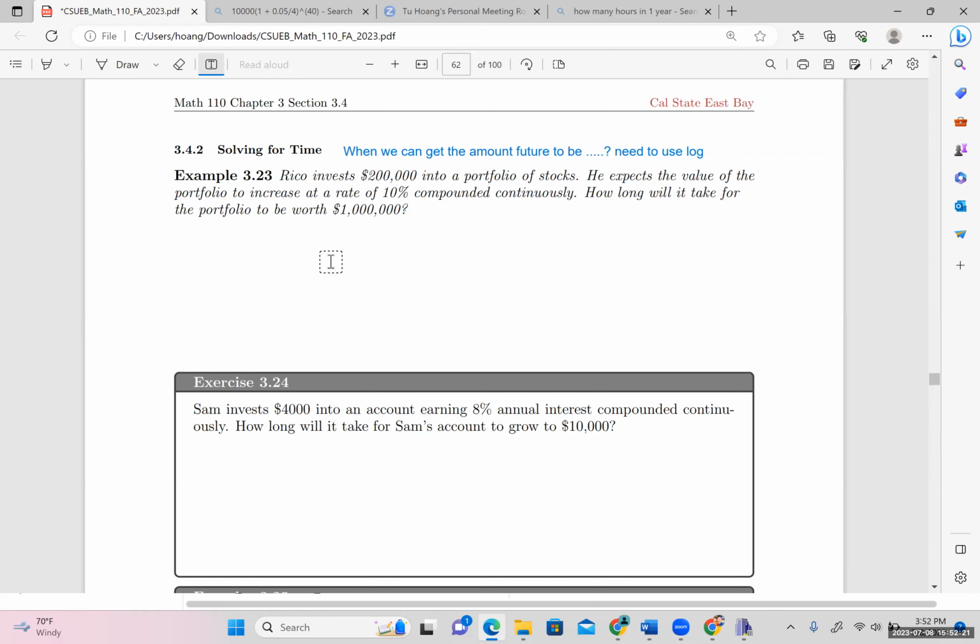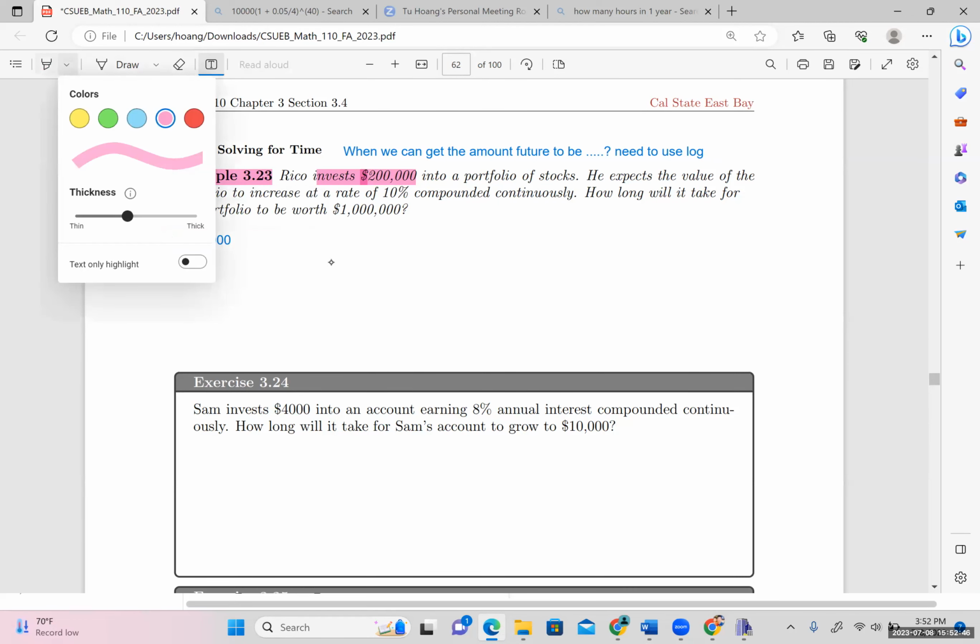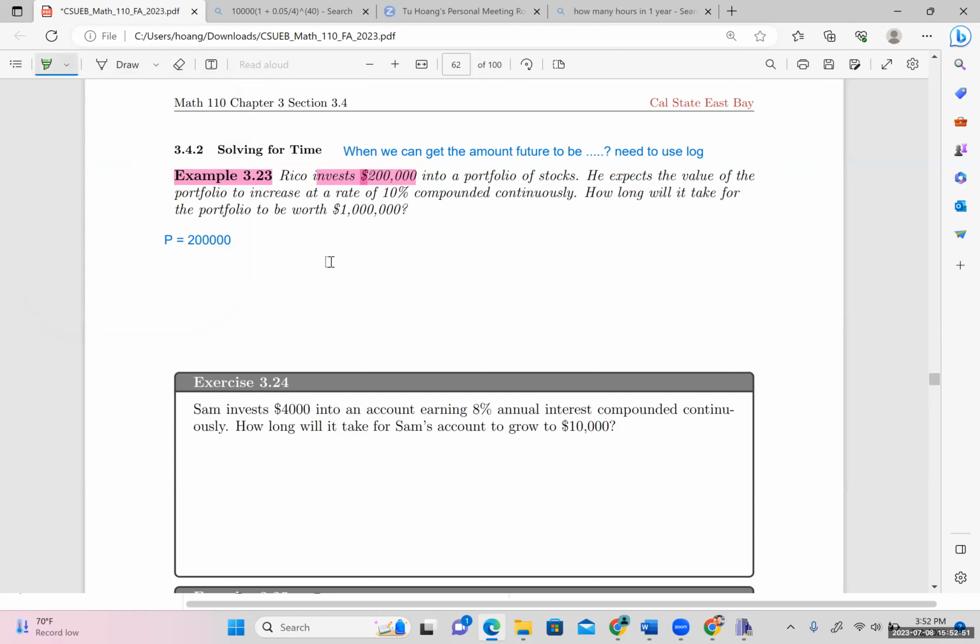Okay, so we start with example 3.23. Okay, so recall, invest 200,000. So this is the start amount, right? So I will start with P equal to 200,000. Next, he expects the value of the portfolio to increase at the rate of 10% compounded continuously.